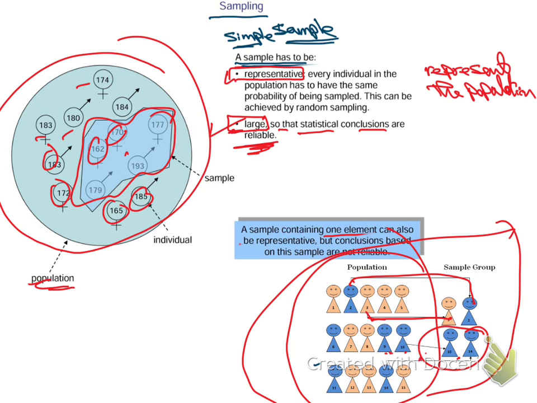It's okay as far as it is not intentionally picked from the blue color. So maybe both of them will be orange, maybe both of them will be blue. It depends, but everyone should have the possibility or the probability to be selected.